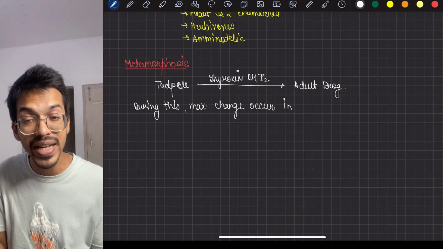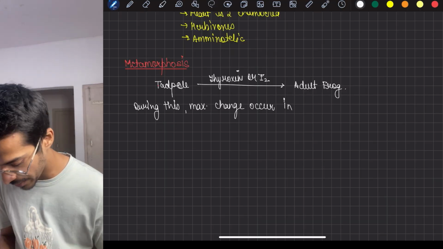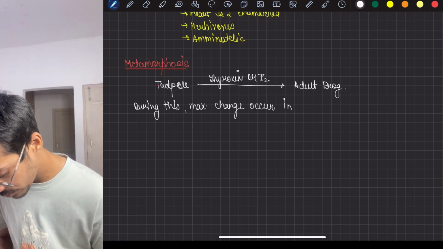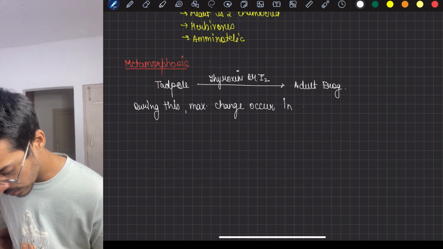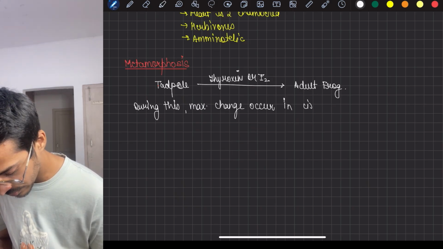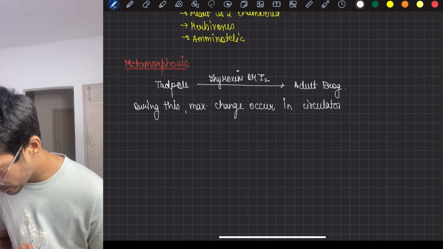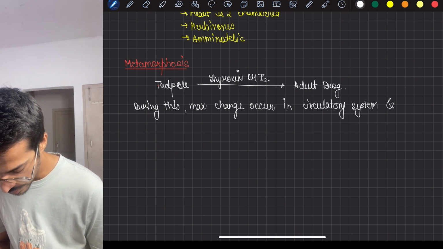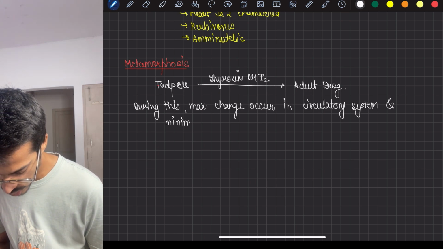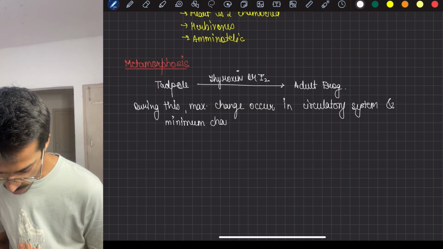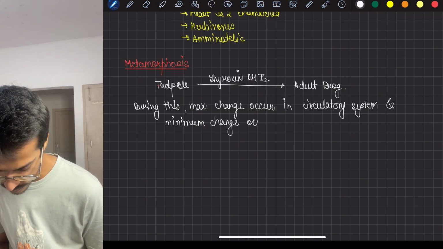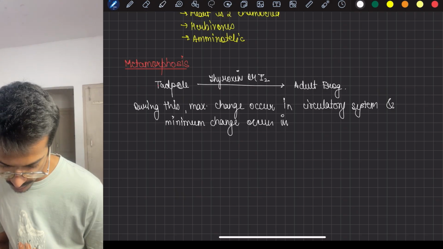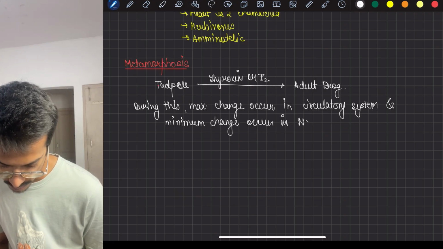So big changes take place in the circulatory system at this time, and minimum change occurs in the nervous system.